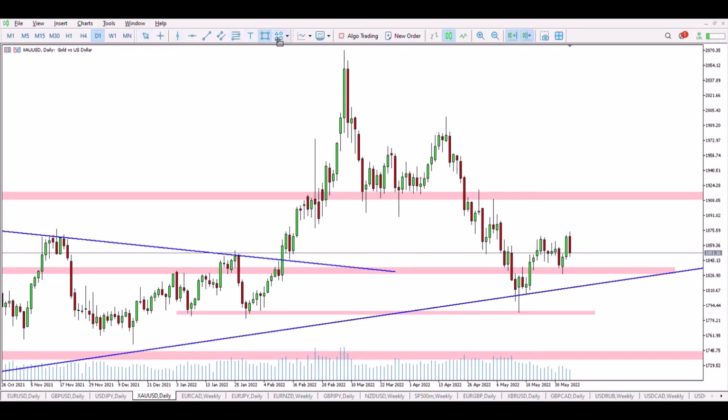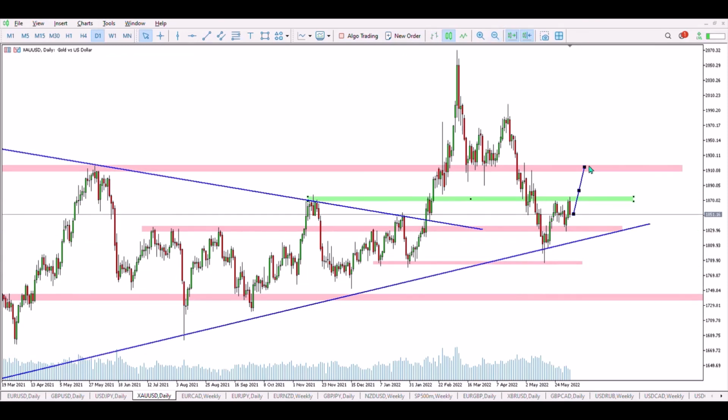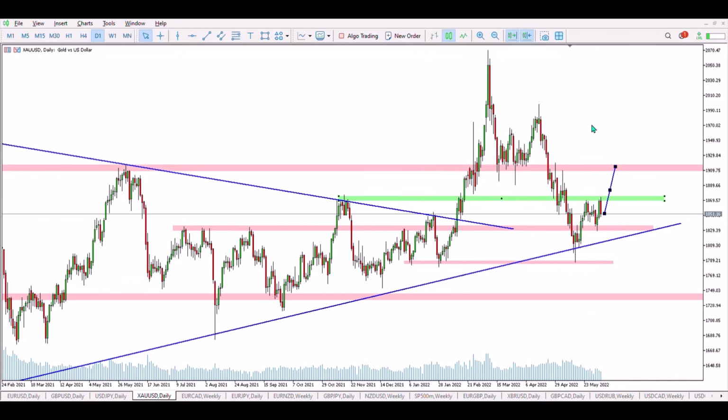If we have found enough support, maybe the big banks and the big institutions buying these dips, we can have a reversal. If that happens, the first take profit target will be the 1900 zone area, and after that, of course, we can continue to the higher highs.